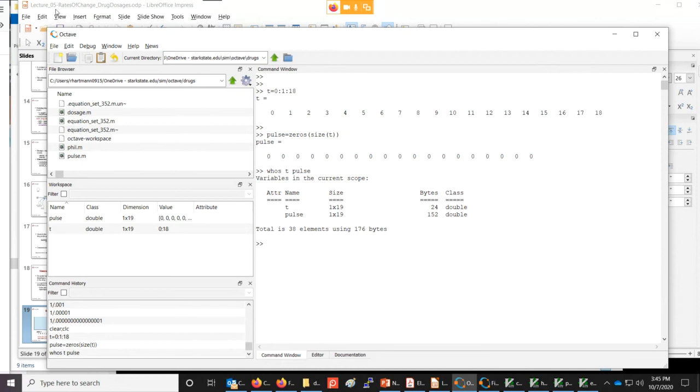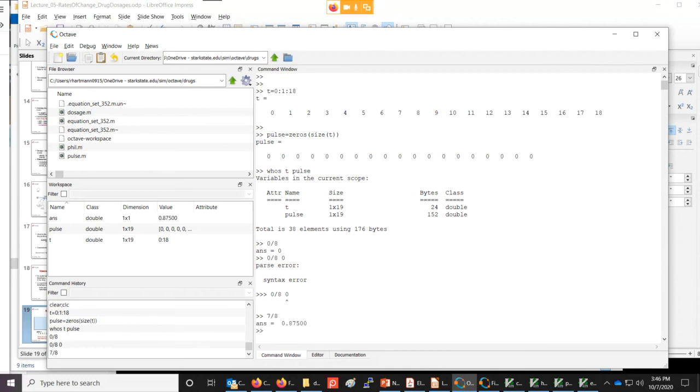So if we look at the modulus, 0 divided by 8, of course, is 0 with a remainder of 0, because there's nothing there. 7 divided by 8 is 0 with a remainder of 1.